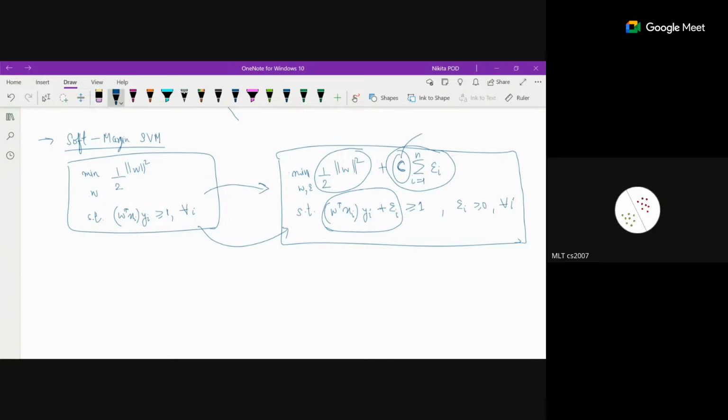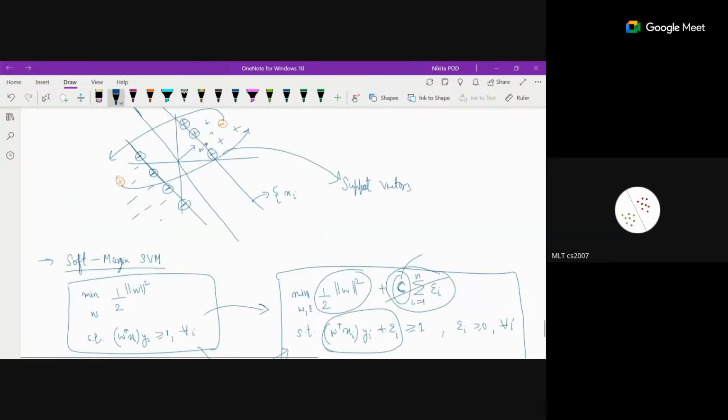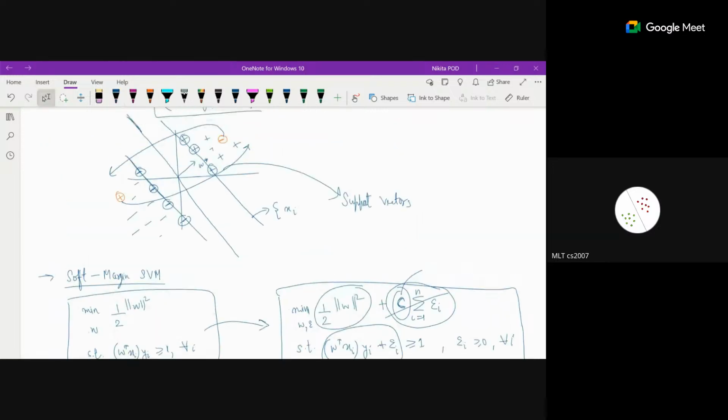So when we had not added this constant, in that case we are not penalizing the data point. If I am not penalizing my data point, then since it has to go on the other side, it can pay something and go to the right side.